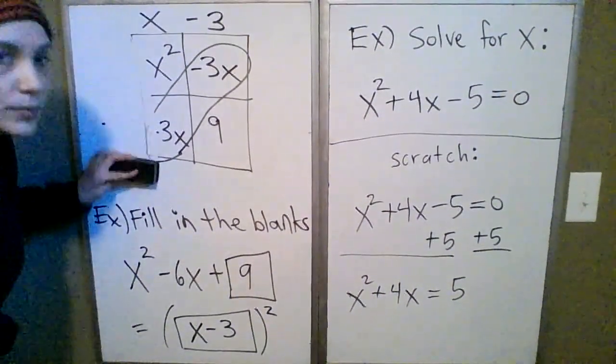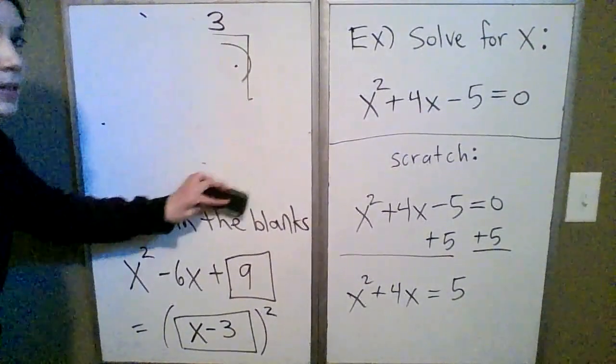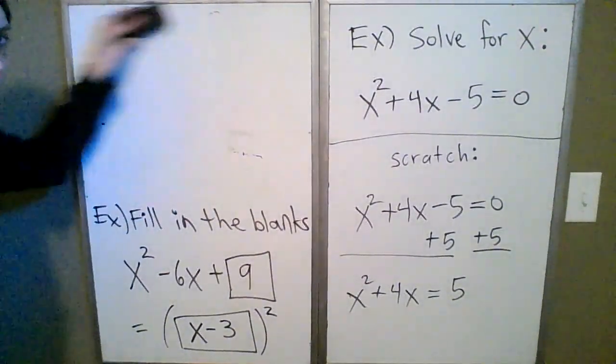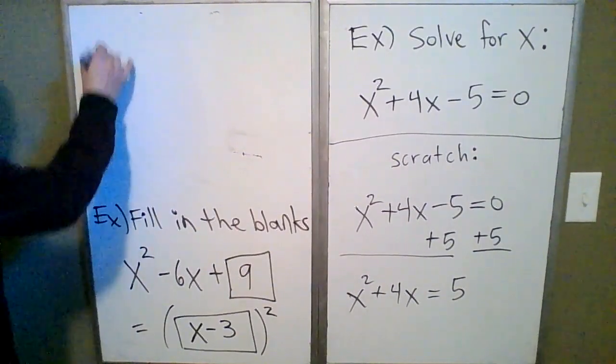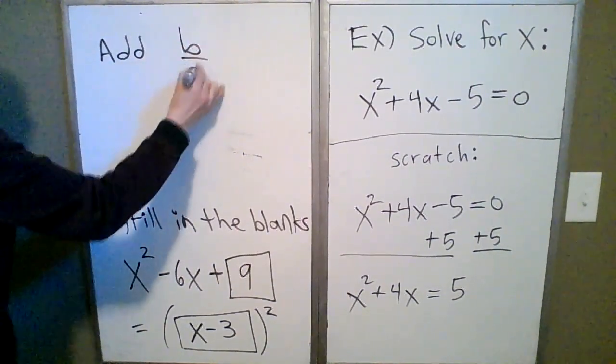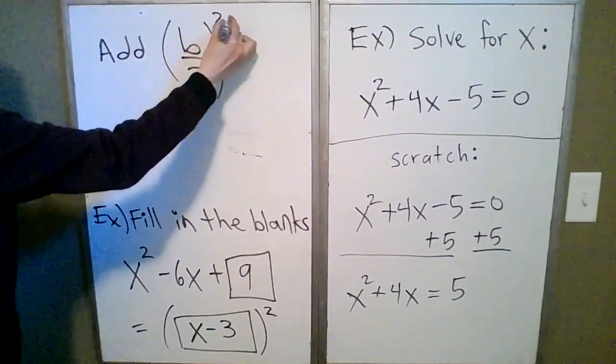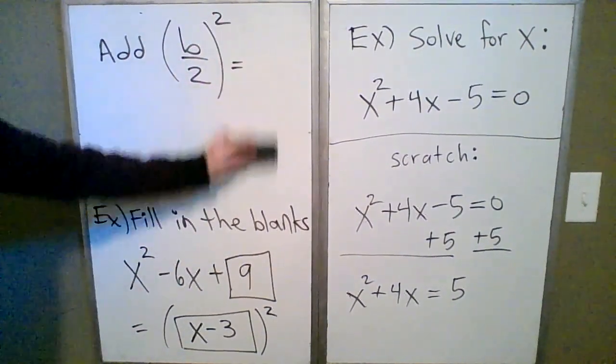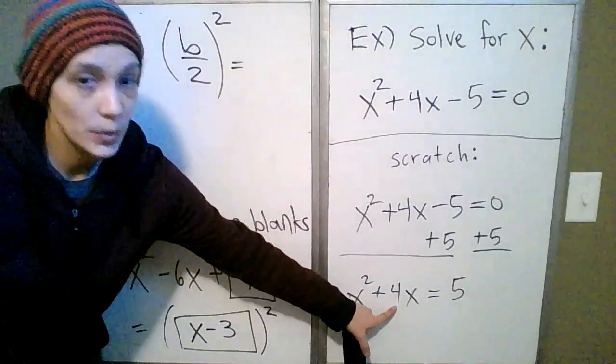Anyway, so over on the side or on different scratch paper, b divided by 2 squared. B is that number with x.